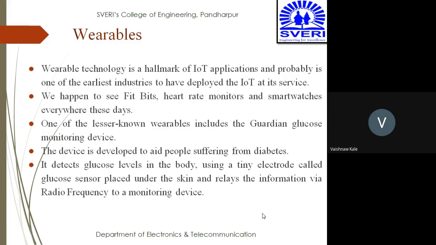One is the temperature device, which actually measures the temperature of the body, and second is the oxygen level. The oxygen level can be found out with the help of an oxygen level measuring device. So you can see that these two devices are nothing but the wearables, and these wearables are based on IoT.